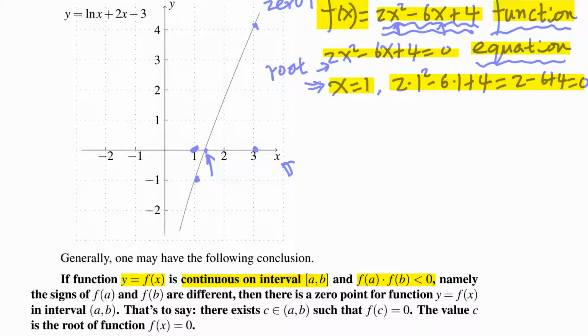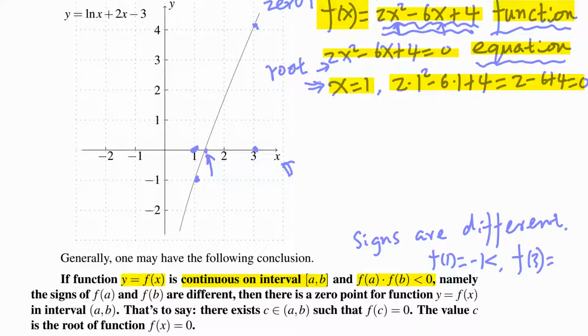Less than 0 means the signs are different. So in our case, f of 1 is negative 1, negative.